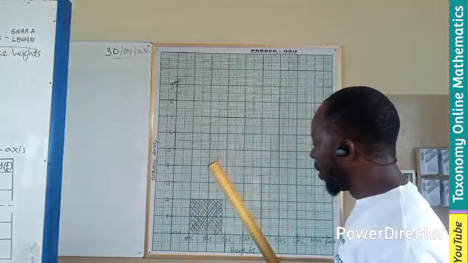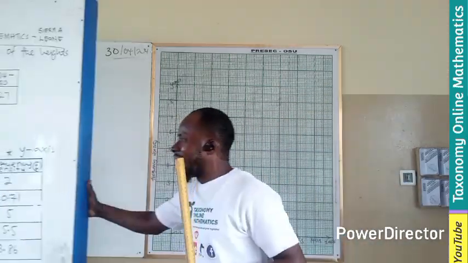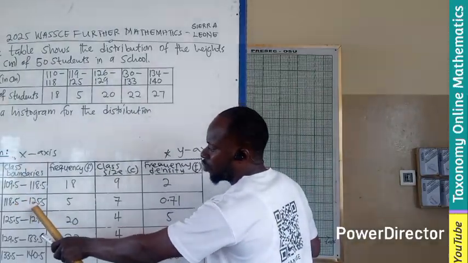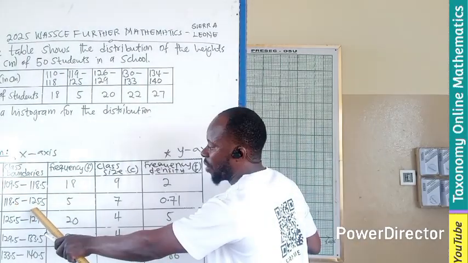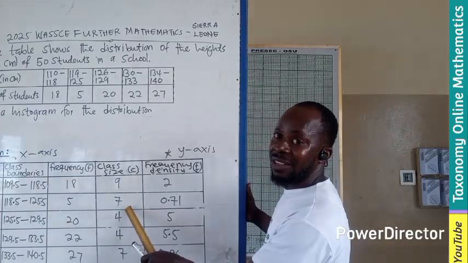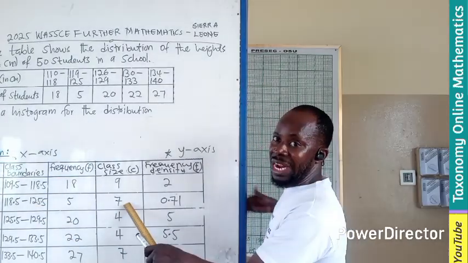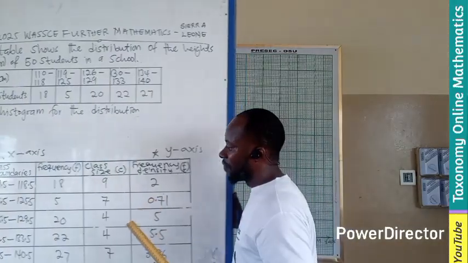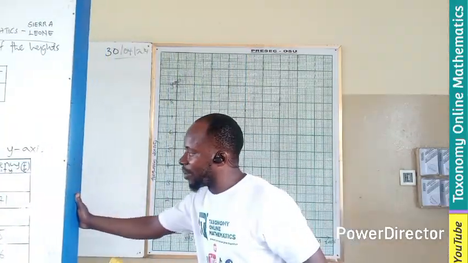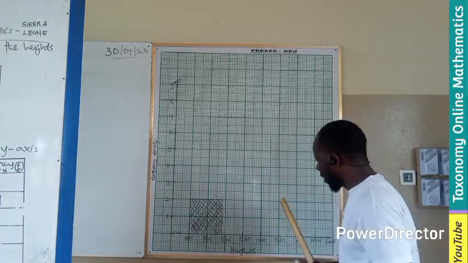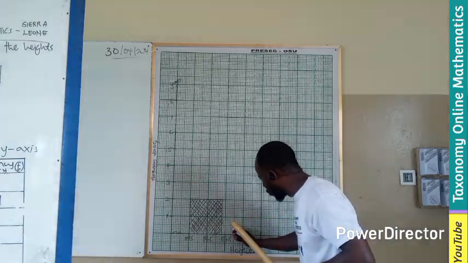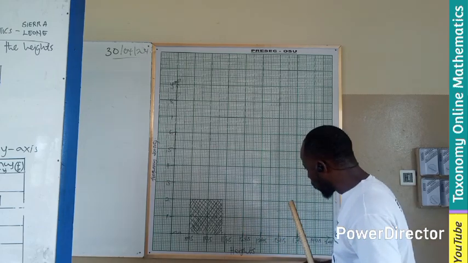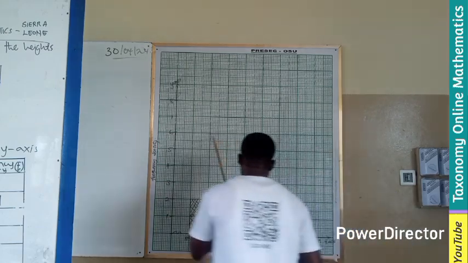Then we are going to move from the 118.5 to 125.5. All I need is the class size. I need to add 7 to the next class interval. Then it should be 0.7 if taken to 1 decimal place. So I am going to add 7. This is 1, 2, 3, 4, 5, 6, 7. If I add 1 to that, that will give me exactly that.